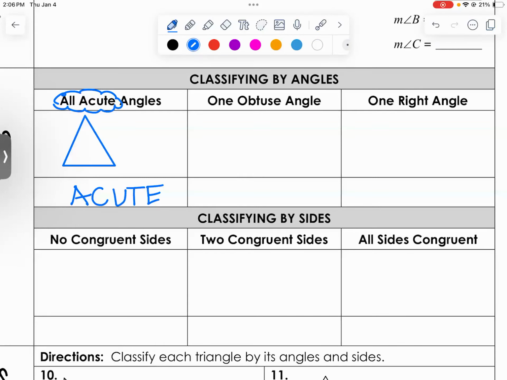That's angle. This is the symbol for angle.